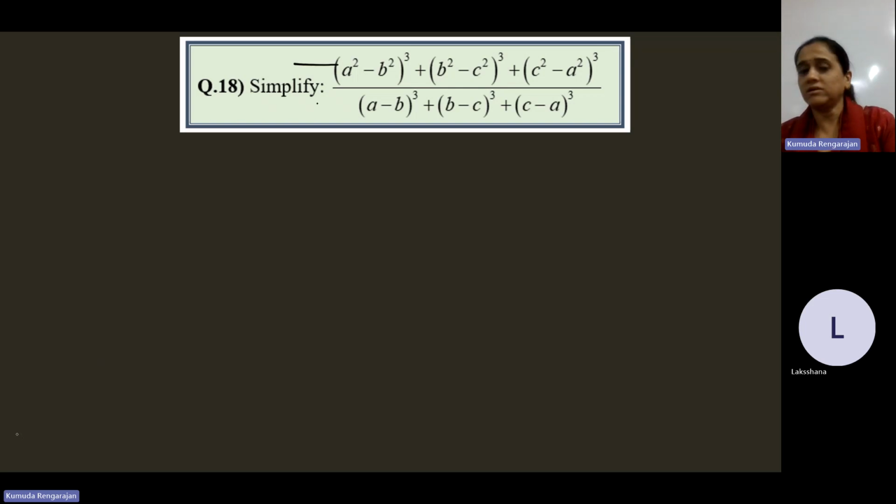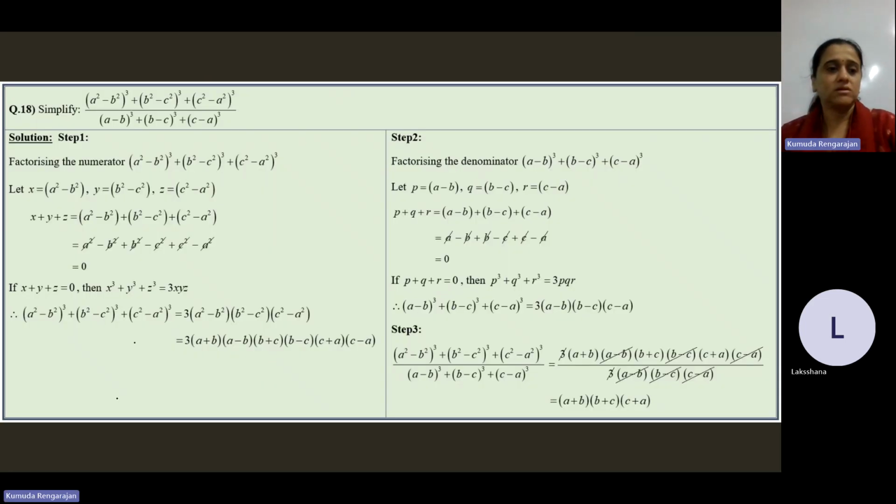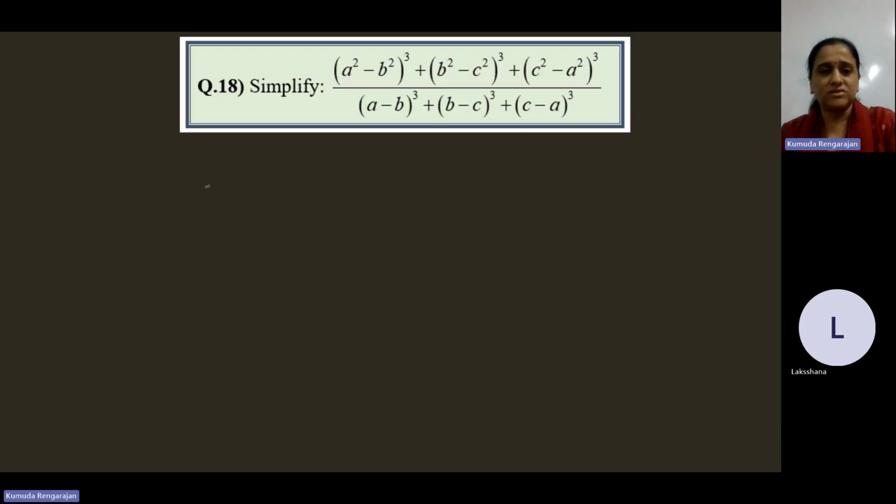Work this in step 1, work this one in step 2, and then you can answer this question in step 3. See here. Take up the numerator in step 1. Step 1, factorizing the numerator. This is the numerator, and we just factorize it.